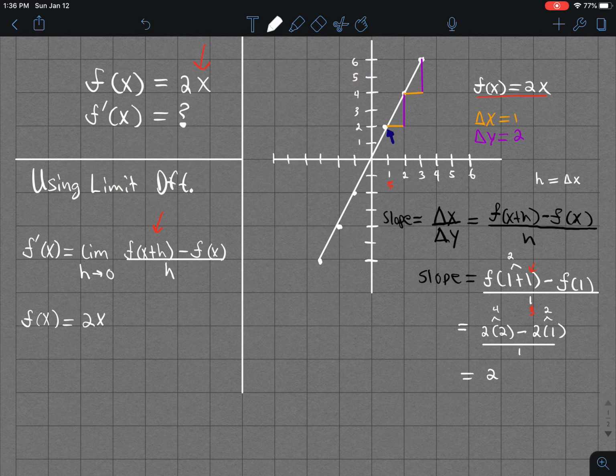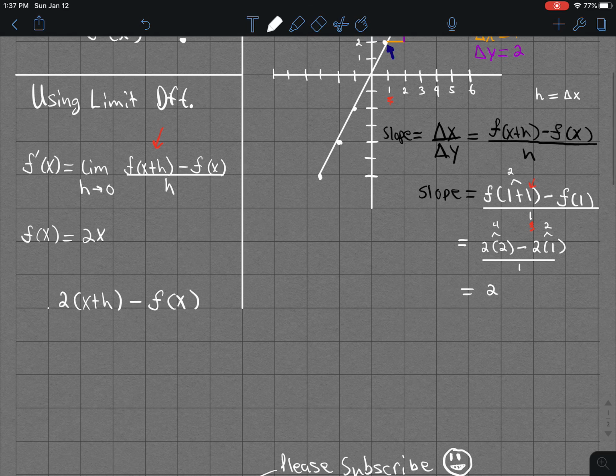So here's the original function. You guys are probably wondering what f of x plus h is. Basically, it's the original function, but each time you see x, you plug in x plus h. So right here it's 2 times x plus h, minus f of x over h.